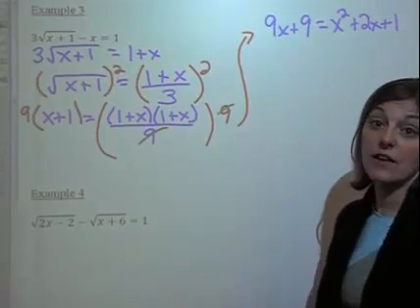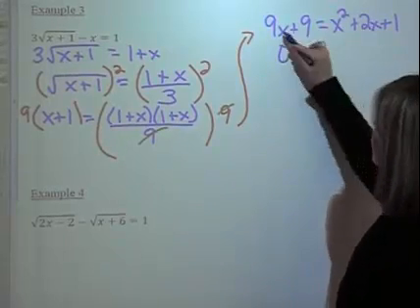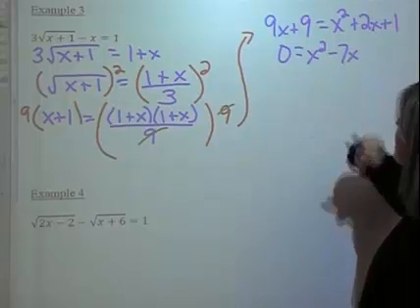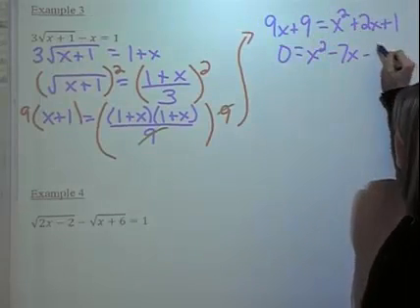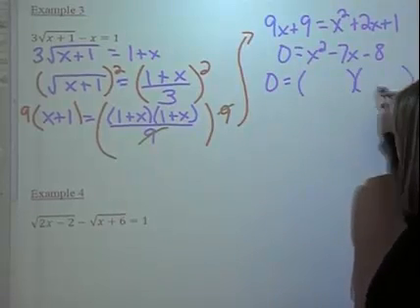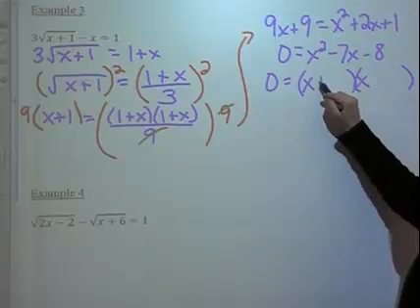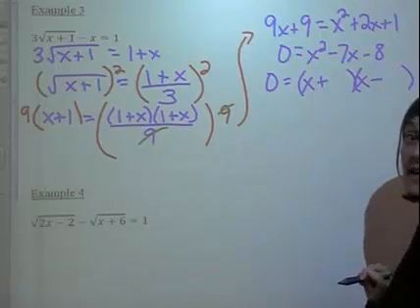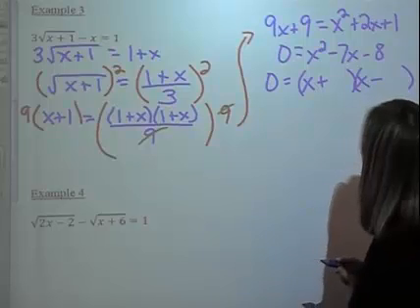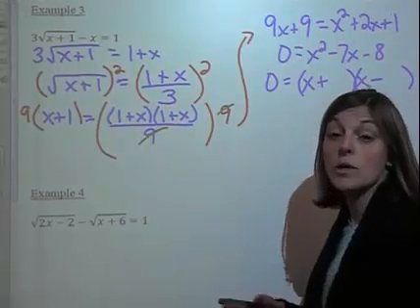And now we can just get everything over to one side, so 2x minus 9x is negative 7x, and 1 minus 9 is negative 8. And then we need to factor. Both get an x, and we need 1 plus, 1 minus, because that 8 is negative. Okay? And so we look at the factors of 8 that will give us 7.